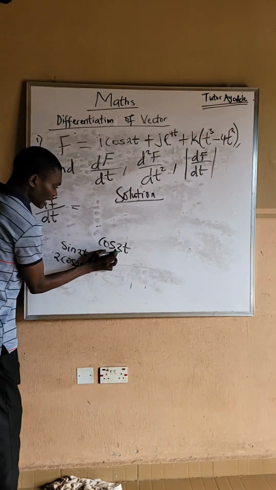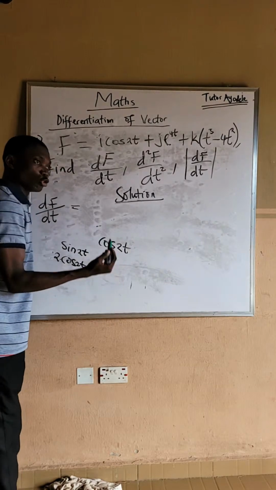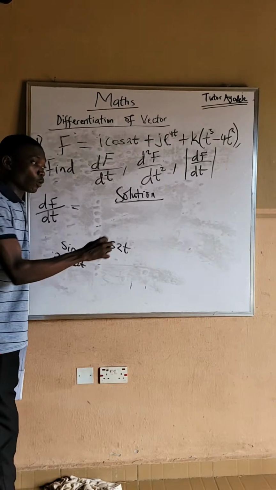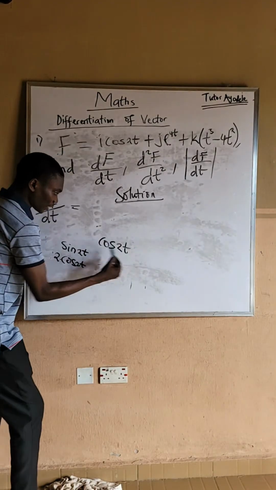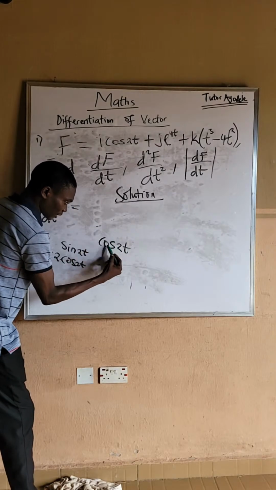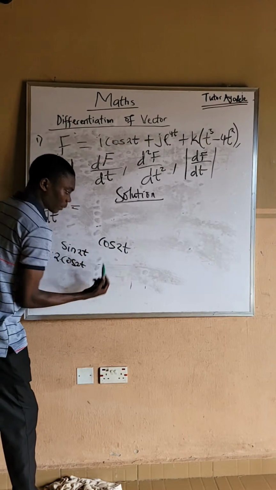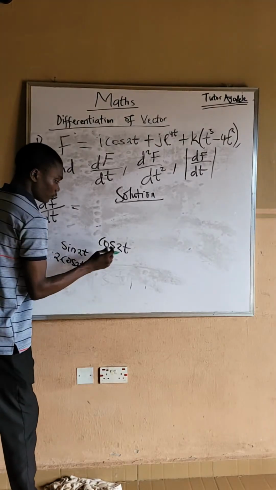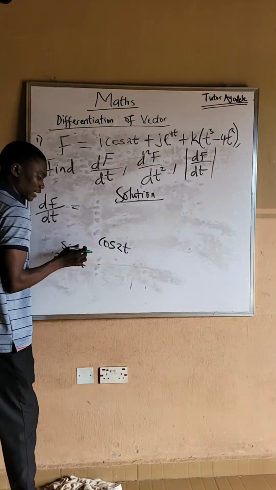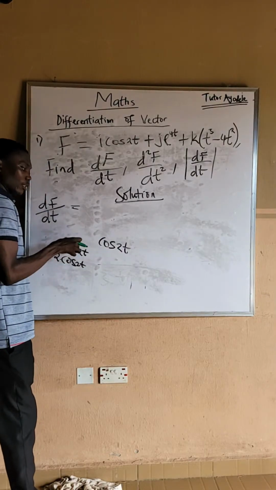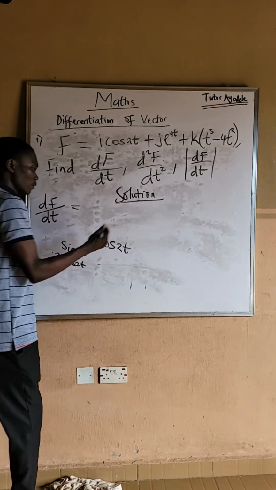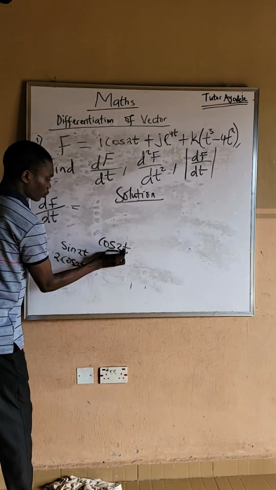If I'm to differentiate this, I don't want to use the chain rule, I don't want to waste much time. Just use this tool to multiply it, and you know when you differentiate cos, it will change to sine. But mind you, differentiating from cos to sine is negative, and from sine to cos it is positive.